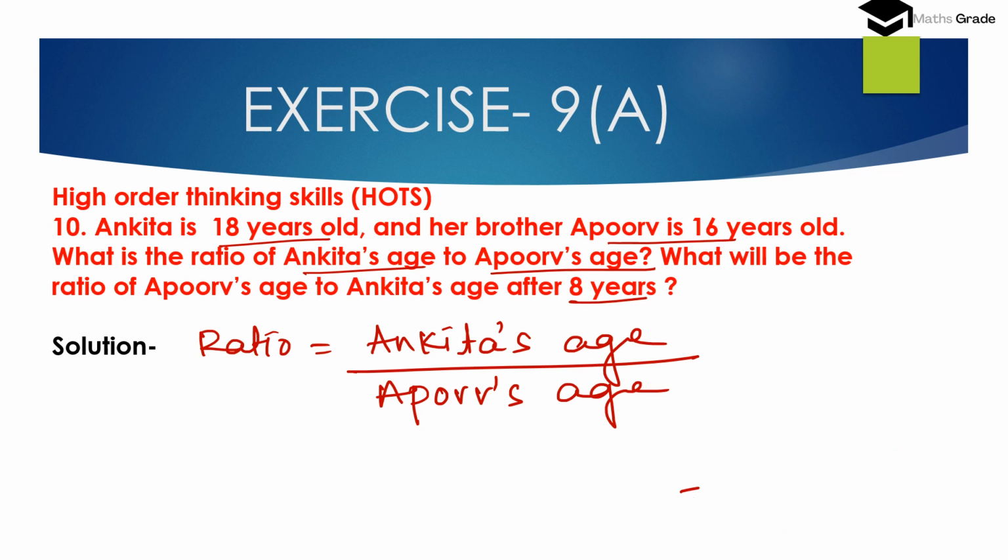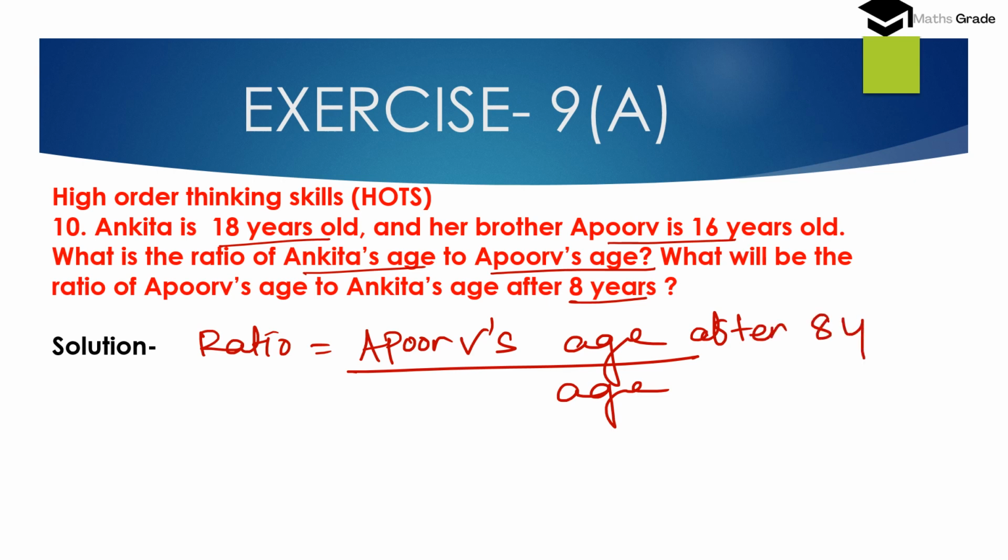Now we have to find the ratio of Apurv's age to Ankita's age after 8 years.